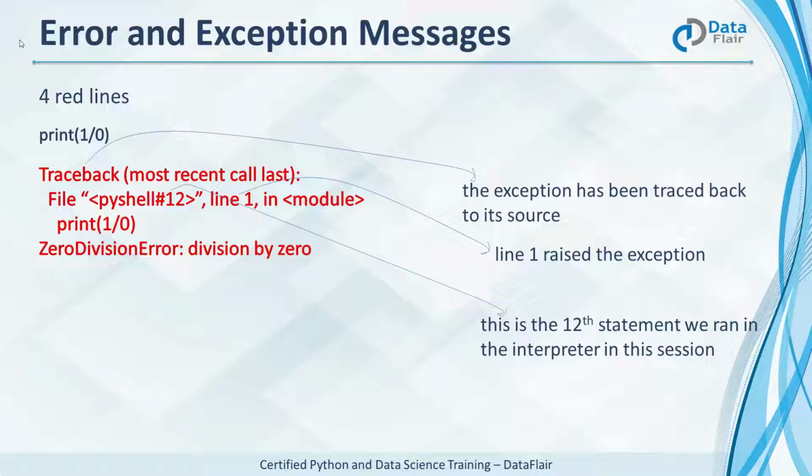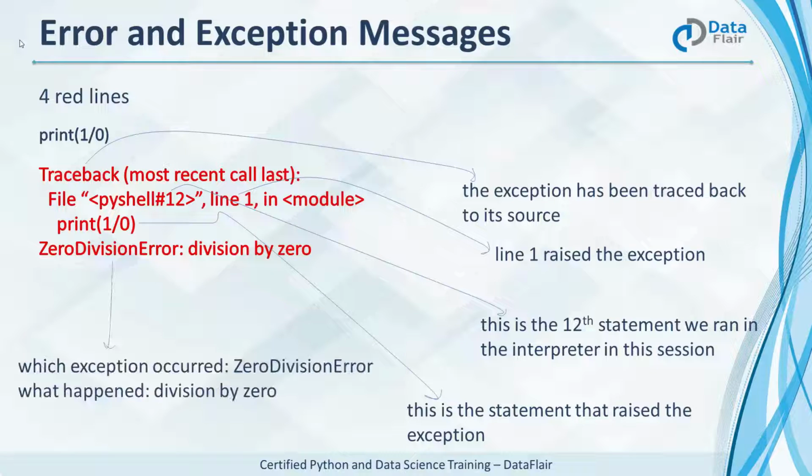PyShell #12 means we're running Python in the shell, and this is our 12th statement so far in this session. This is the culprit. This is the statement that raised the exception. And this is the exception that occurred. What happened is that we tried to divide by 0, and so it raised a ZeroDivisionError.